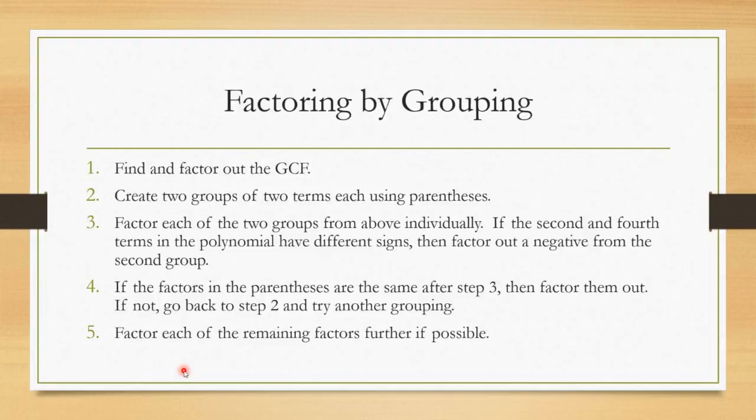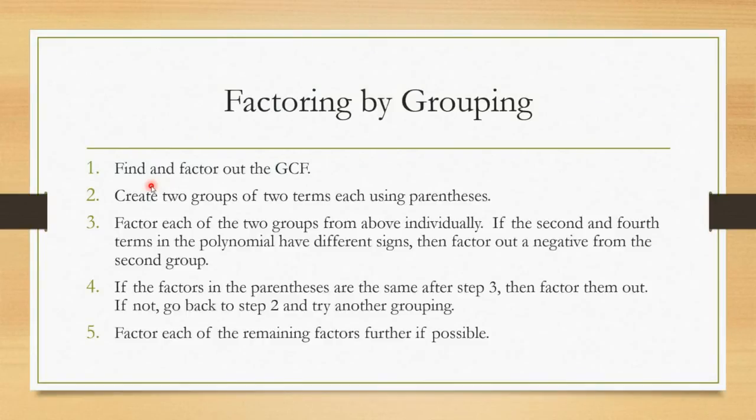The first step is kind of optional, where you find and factor out the GCF. It does make the process easier, but it is kind of optional. You'll see when we do examples, it's going to make more sense.